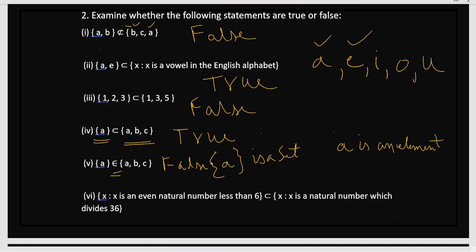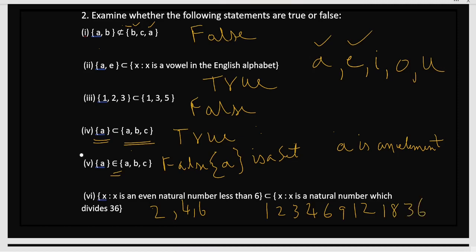Next one, x is an even natural number less than 6. What are they? Natural numbers. x is a natural number which divides 36. 1 divides, 2, 3, 4, 6, 9, 12, 18, and don't forget 36.